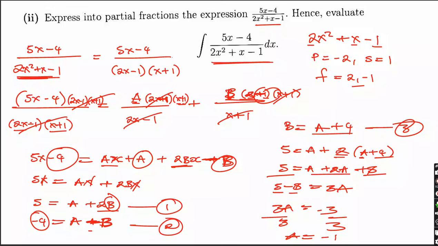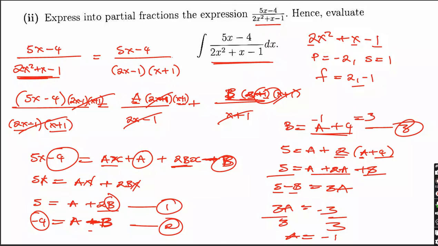But we can recall that b is equal to a plus 4. So I have to put negative 1 here, which is the value of a. We're going to find that negative 1 plus 4, our b, is just going to be equal to 3.